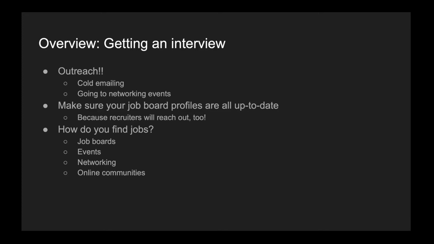For events, you can also keep an eye open on job boards. On Handshake, you'll be able to see a lot of different events that companies are holding for UAlbany students. And networking too: if you find a recruiter on a job board or at one of these networking events, sometimes they'll let you know about other jobs that you can also apply for.